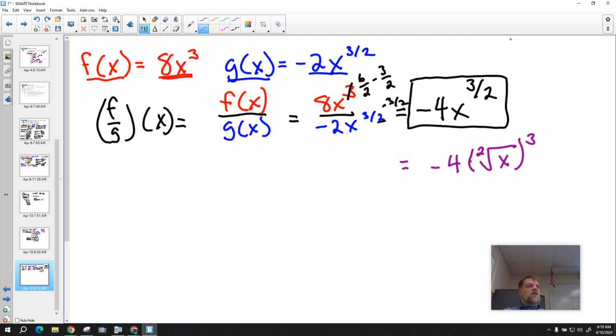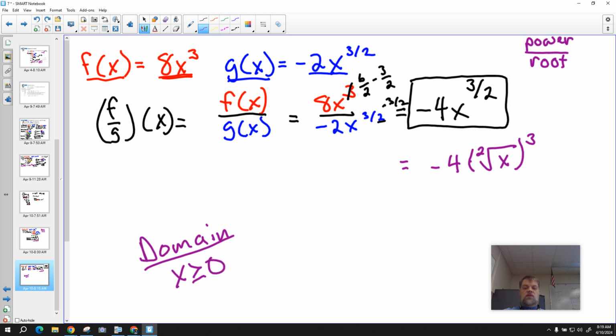Because remember, when it comes to these rational exponents, it's the power over the root. So again, my domain on this one would be x can't be negative because I can't take the square root of a negative number, so x has to be greater than or equal to 0.